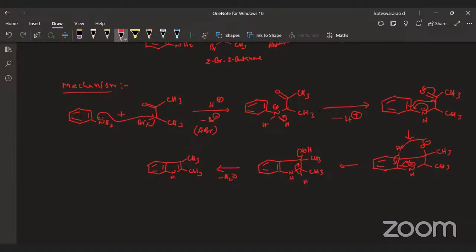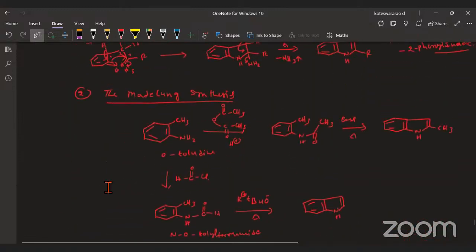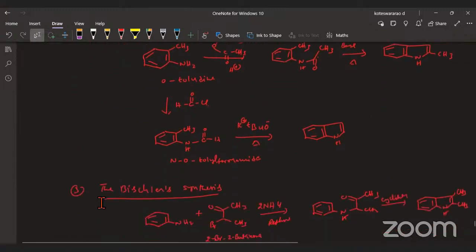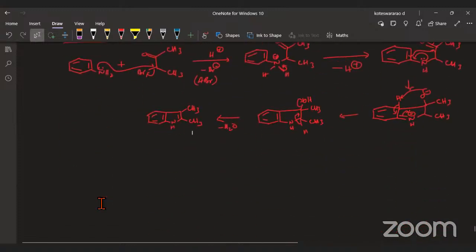Like this, you need to prepare 3 different syntheses for every heterocyclic compound present in our syllabus. We have quinoline, isoquinoline, acridine, carbazole, and benzofuran. These 6 molecules are there in our syllabus. You need to prepare your own notes by using your material or any other sources. For every compound, you need to prepare 3 synthesis reactions and 3 chemical properties.